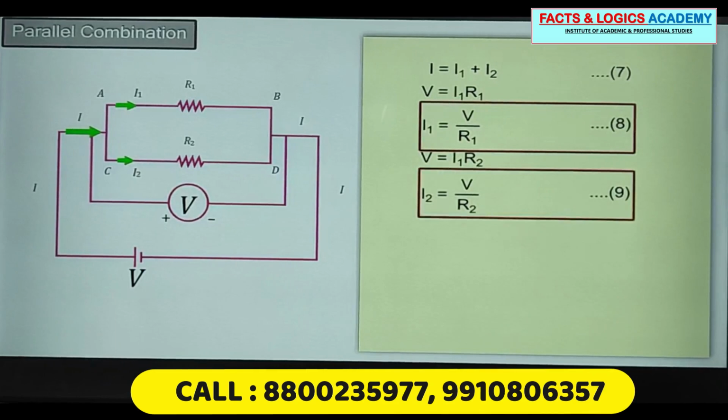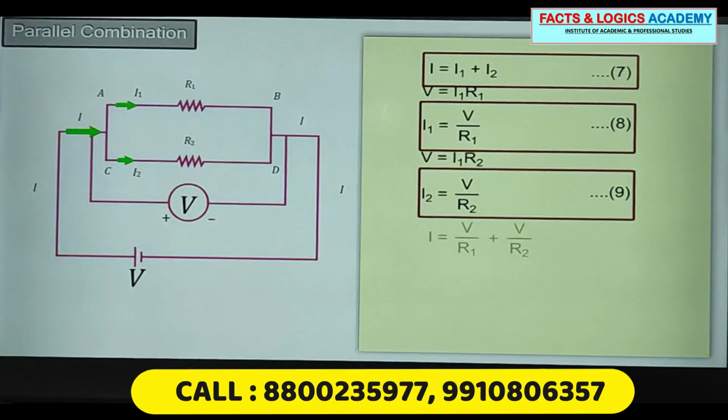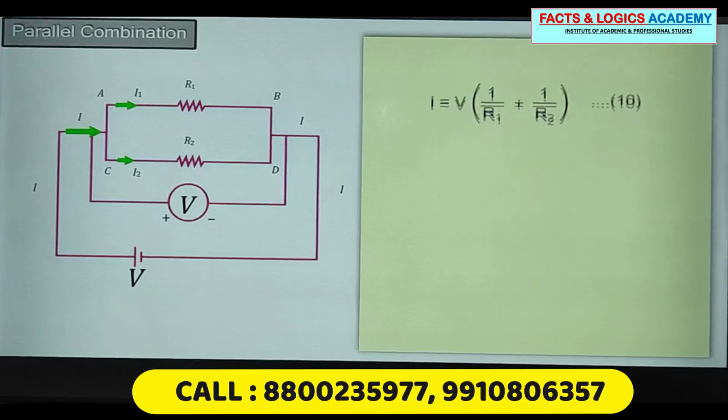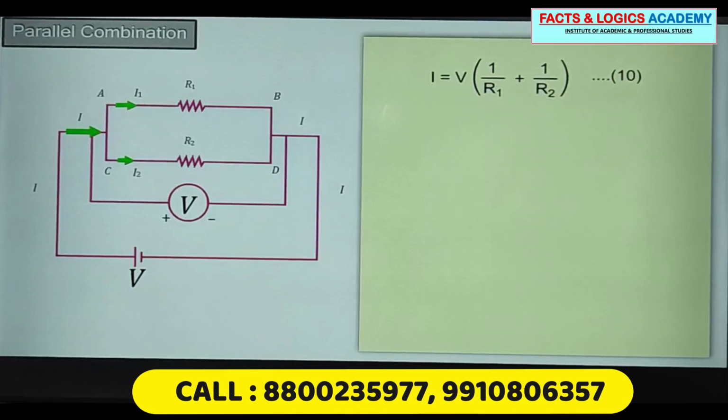Substituting equations 8 and 9 in equation 7, we get I is equal to V by R1 plus V by R2 and I is equal to V into 1 by R1 plus 1 by R2. Let us label this as equation 10. Equation 10 can be rewritten in the form I is equal to V into 1 by Req.